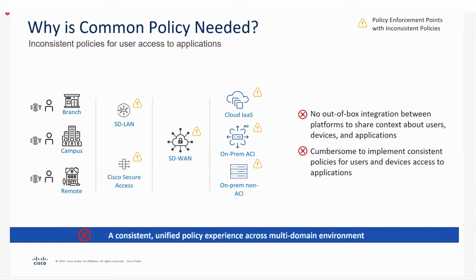Your SD-WANs, your secure access, your ACI for the data center. Everything has its own way of providing your segmentation or your policies. And we really want to bring that in together so that there's a common policy and a common policy provider throughout all of our Cisco offerings.